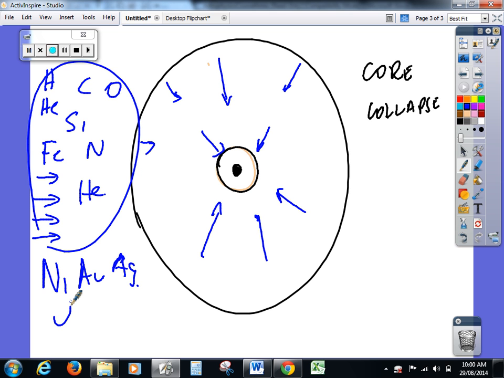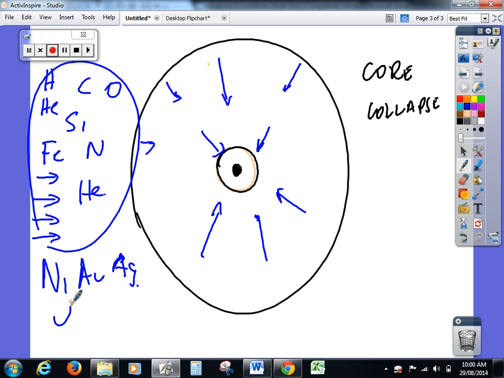Now it's like your hands coming together for a clap. They come in, eventually they have to rebound out. All of the core comes in, hits the centre, and has to then suddenly come back out.